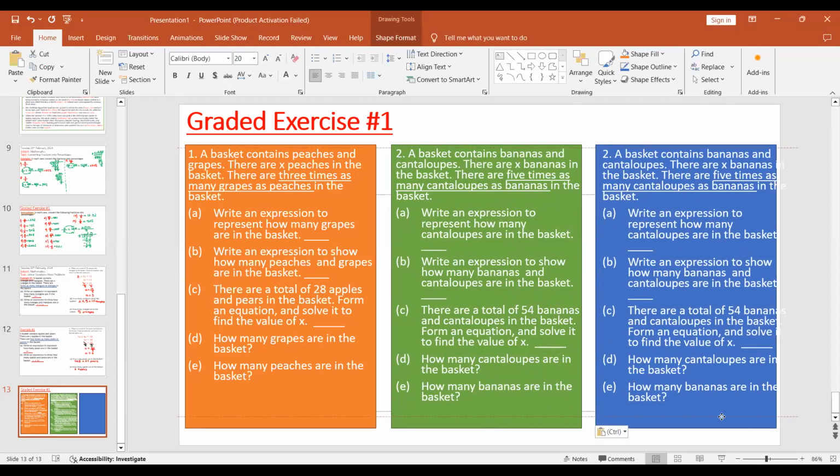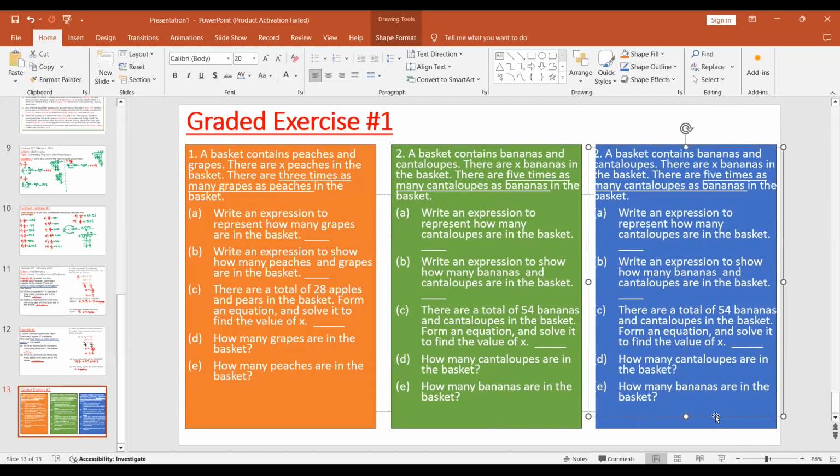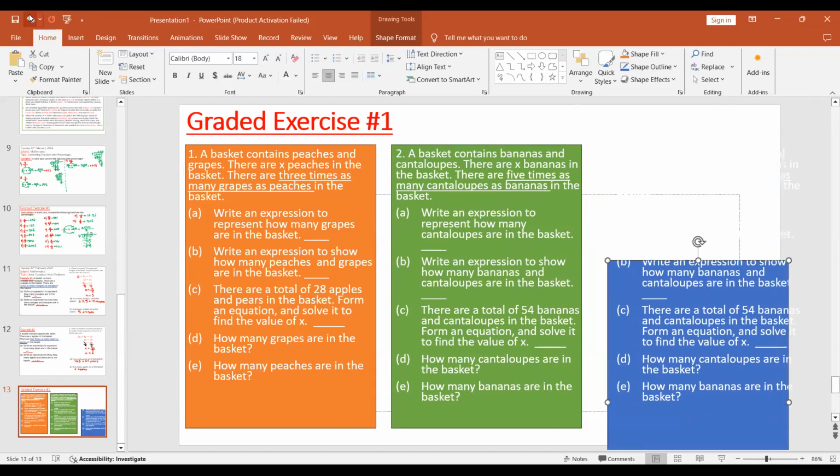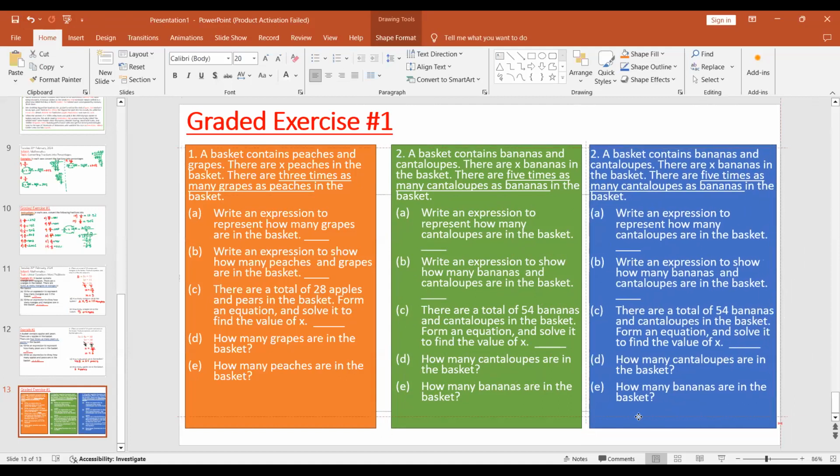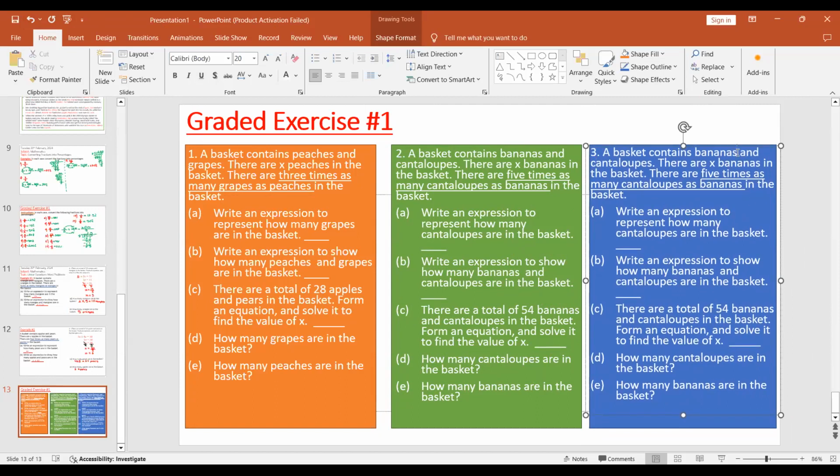Okay, and finally the third one. Basket contains grapefruits and strawberries.